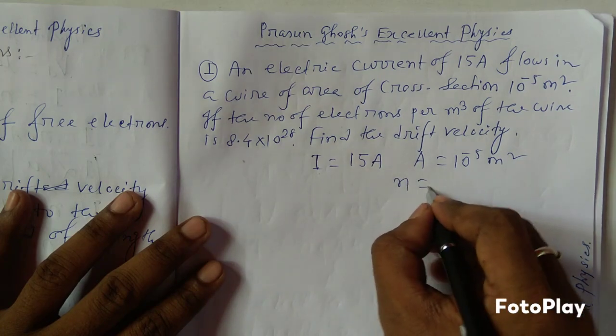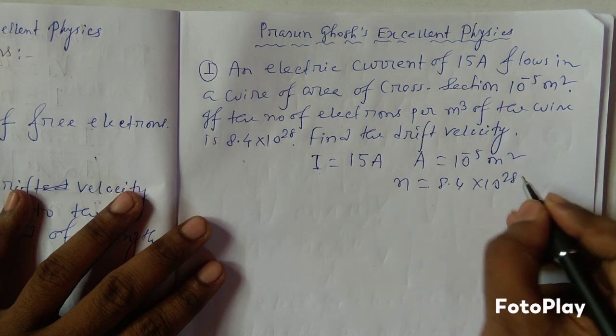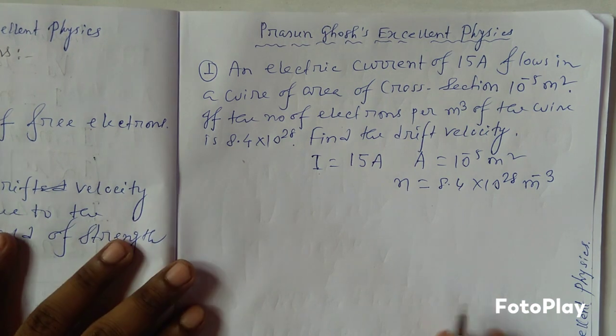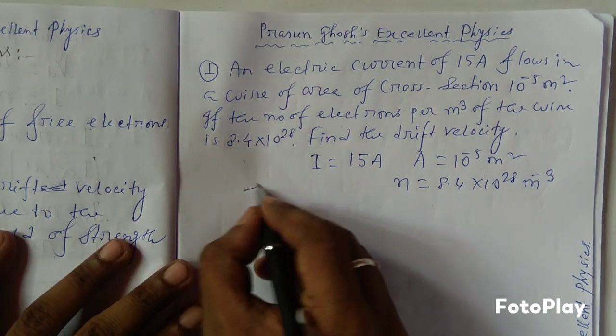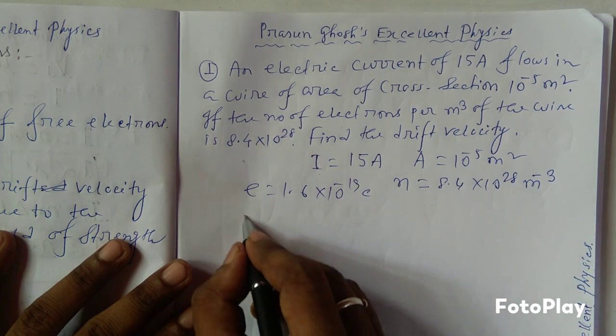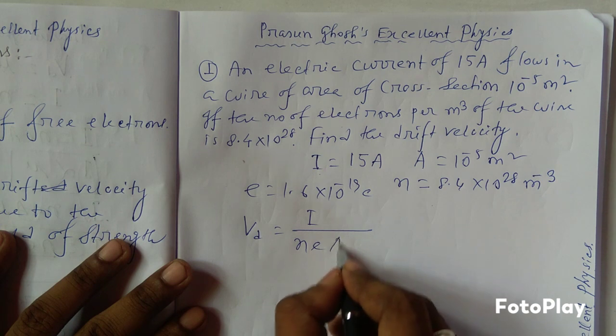N is given, that is 8.4 into 10 to the power 28 meter to the power minus 3. E is 1.6 into 10 to the power minus 19 coulomb. So Vd equal to I by NEA.